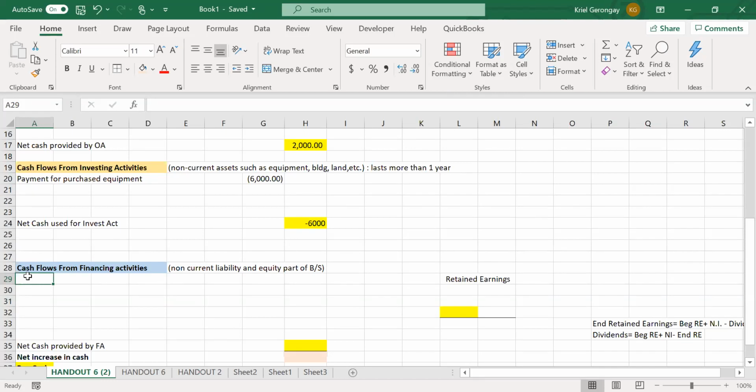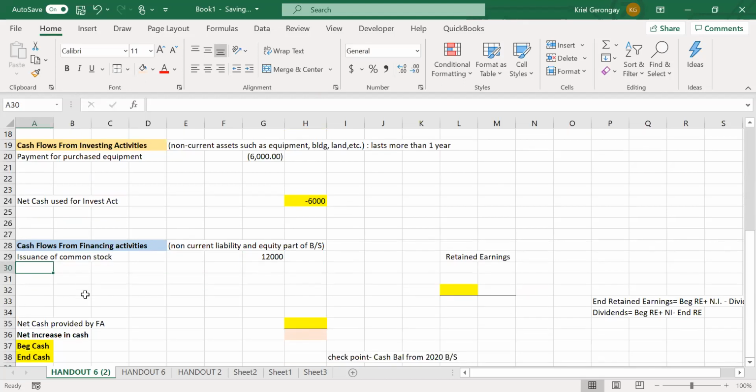The issuance of common stock would be an increase in cash by 12,000. And the next step, which most people always forget to do, is the payment of dividends.